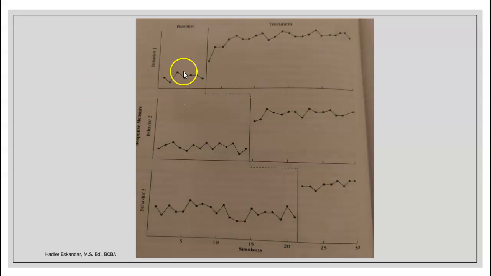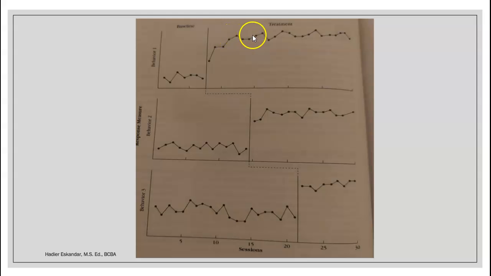So what happens is that you start taking baseline on, say, different behaviors. And of course, they have to be related in some way, so they may be 3 behaviors that have the same function. And once you see the baseline start to stabilize, you introduce the treatment.